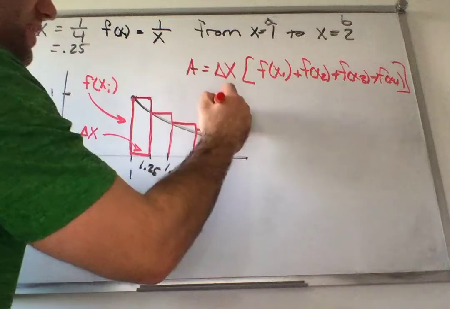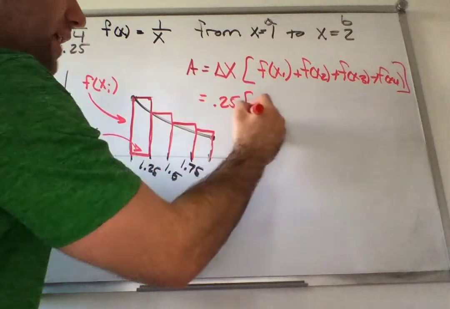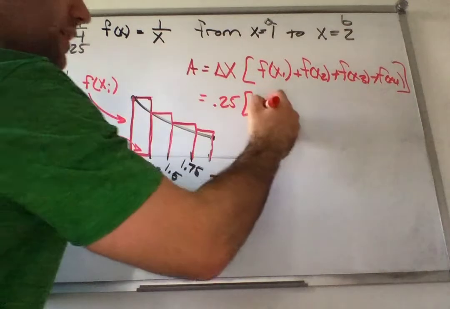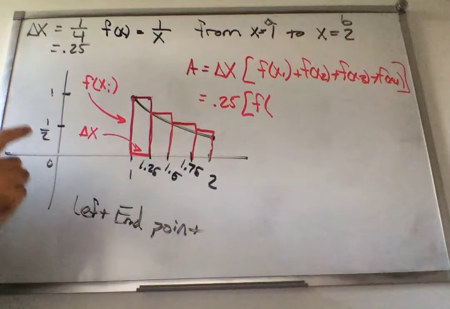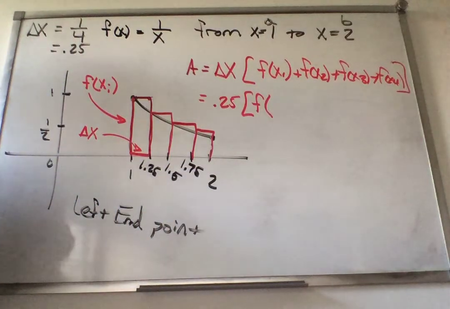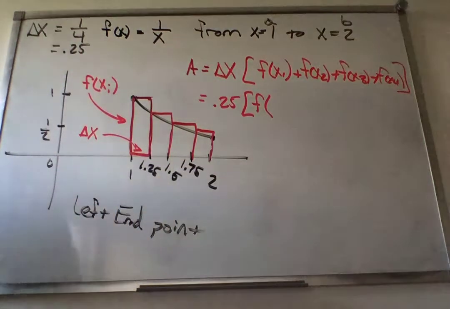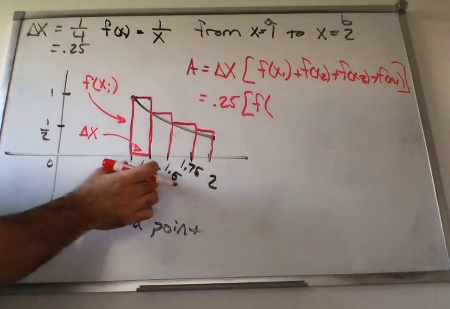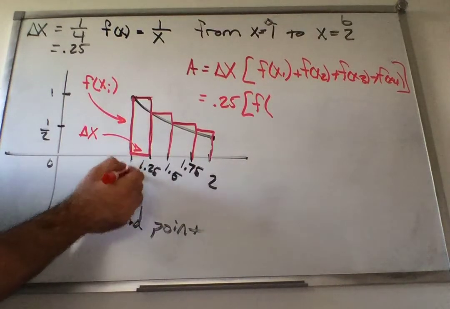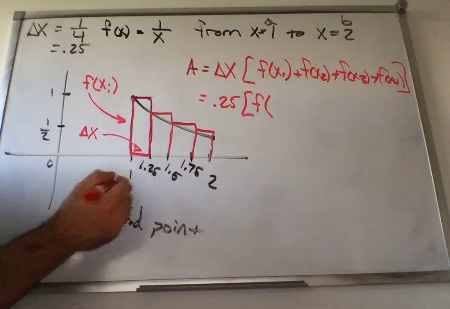So delta x is 0.25 times f of, now we are choosing the left endpoint. We are doing a left endpoint approximation. Out of these two for this rectangle, we chose the 1 right here.